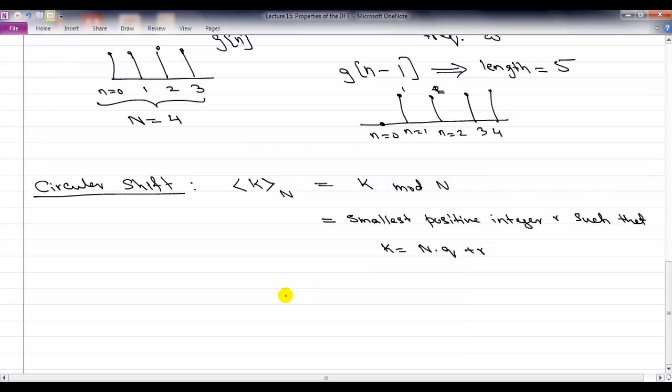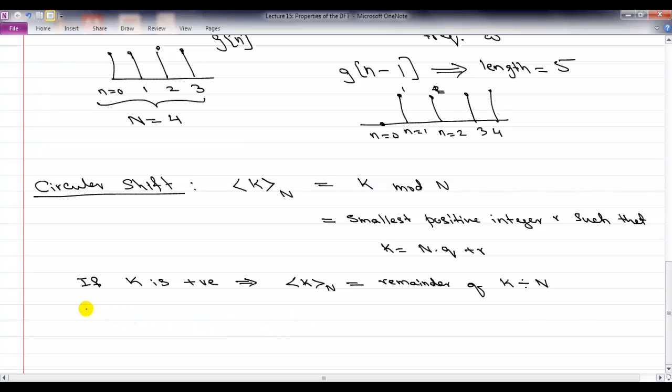Okay? So it's effectively the remainder, but you have to be careful that we are only interested in the positive remainder. Right? So what this means is that if k is itself positive, then k mod n is simply equal to the remainder of k divided by n.